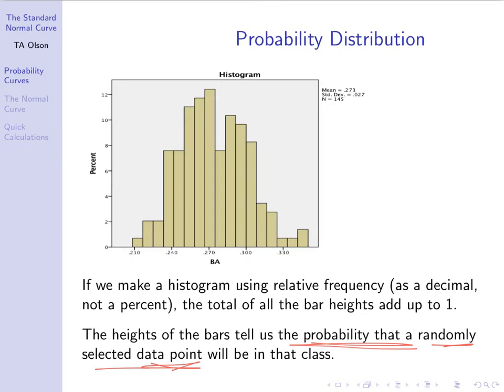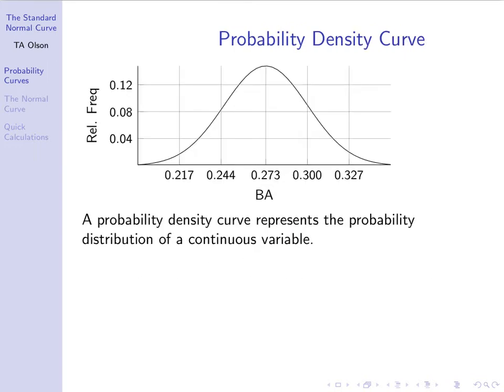Now, batting average in 2016 showed a really nice mound shape, right? We got a little tail here, a little tail here, and a big bulge in the middle. And you can use a nice smooth curve to approximate this.